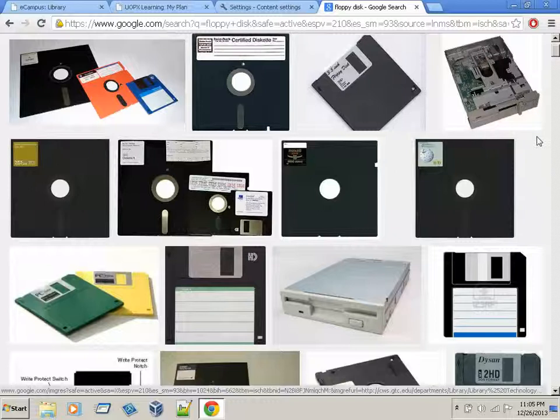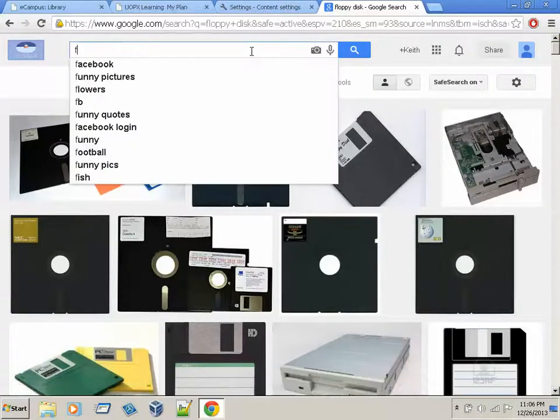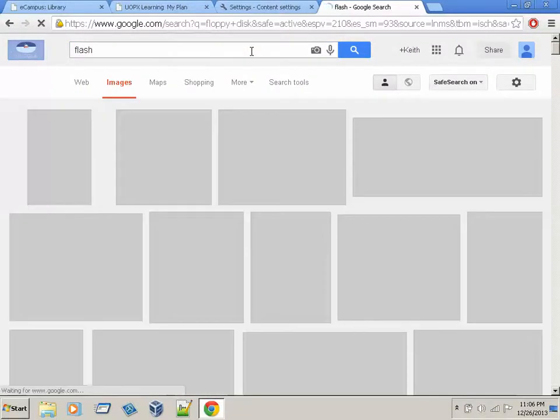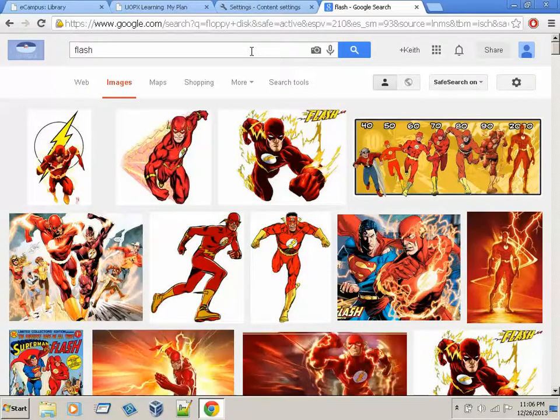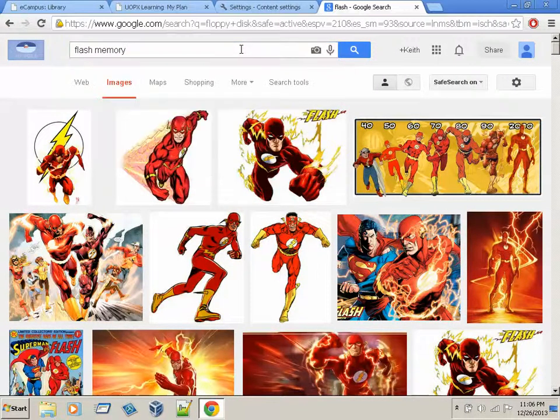to flash memory, and a lot of people know what flash memory is. It's the most common type of memory that is used for removable media. Yeah, that's not flash memory, that's the flash. Okay, that was kind of cool.